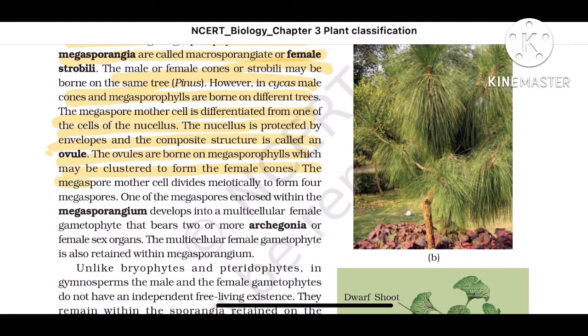The megaspore mother cells divide meiotically to form 4 megaspores. One of the megaspores enclosed within the megasporangium develops into a multicellular female gametophyte that bears 2 or more archegonia or female sex organs. The multicellular female gametophyte is also retained within the megasporangium.